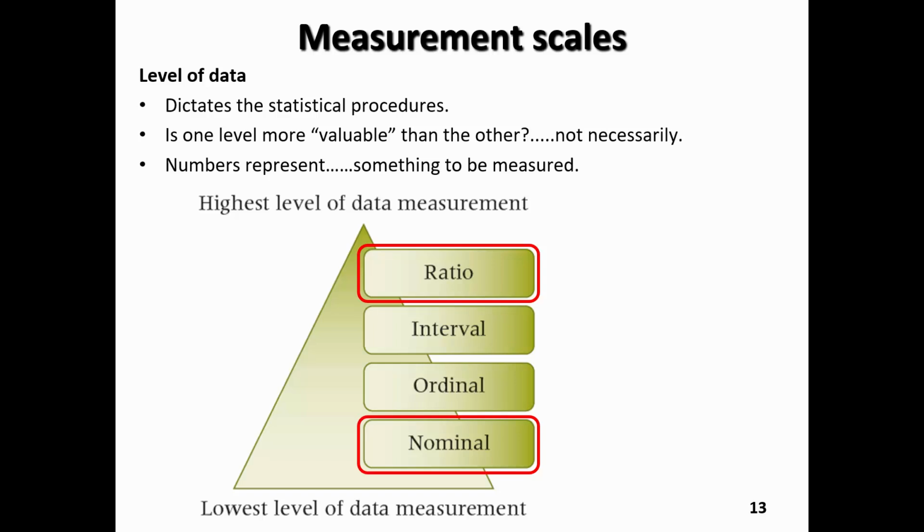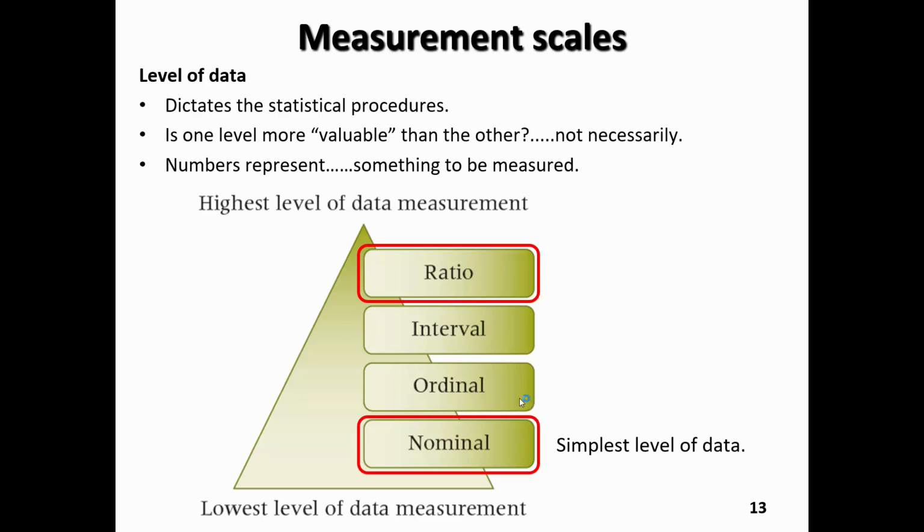And in this figure here, what we see are the four levels of the data, ranging from what is often referred to as the lowest level of data measurement, but I think more precisely to state, it's the simplest level of data, and that's the nominal scale, and we'll discuss that here in this video.